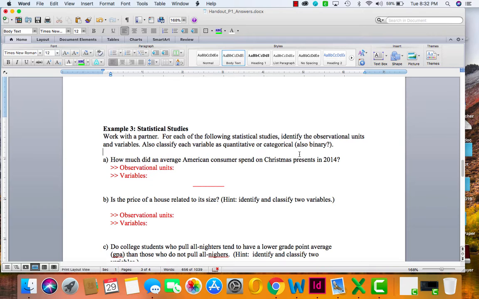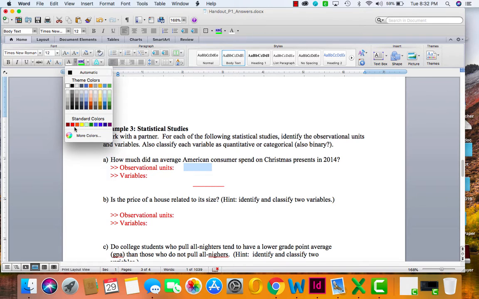The observational units are usually people, animals, or things. I often like to think of who is providing the information or from what are we gathering data. So in this case, we're gathering data from the American consumer. So the American consumer will be the observational unit.